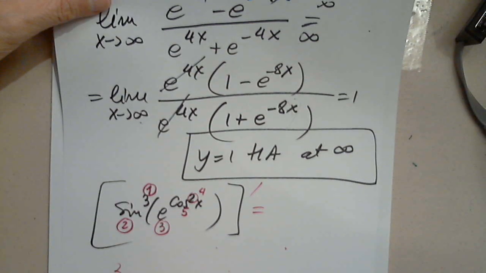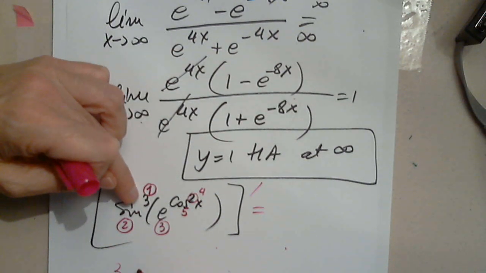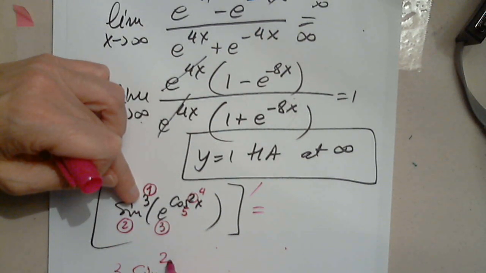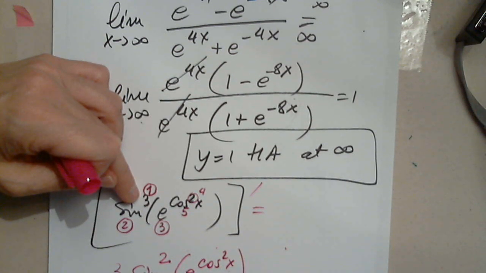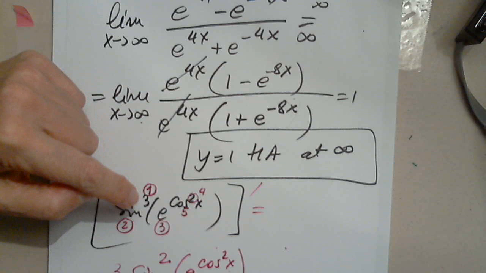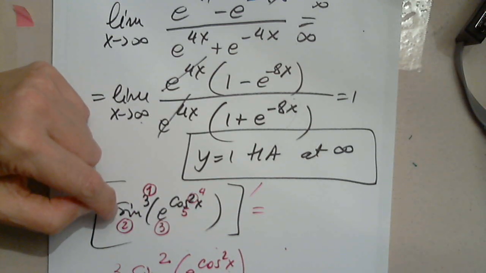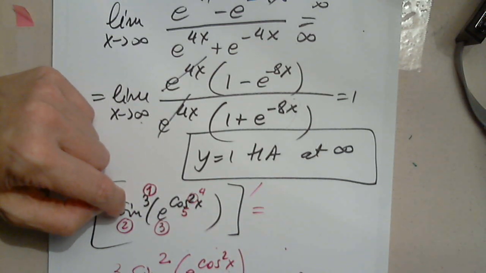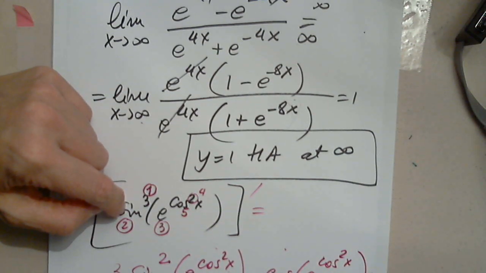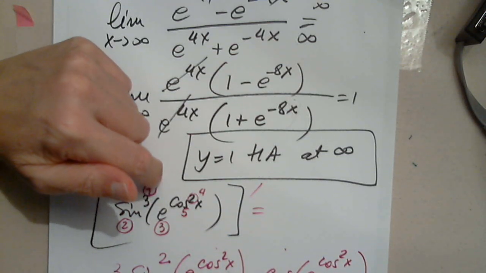So first, 3: I subtract 1 from the power, and I copy everything else, times, I only differentiated the power. Now I have to differentiate sine, which is cosine of e to cosine squared x. Everything is multiplied, no addition, no subtraction. This is the chain rule.